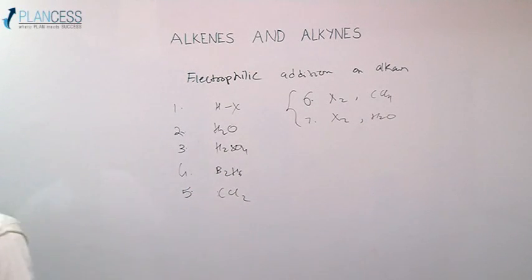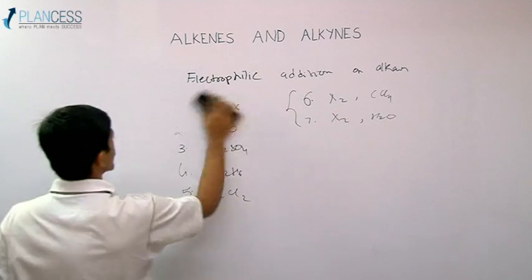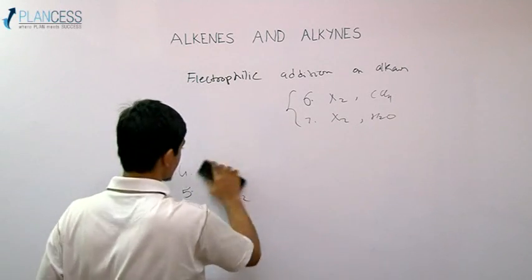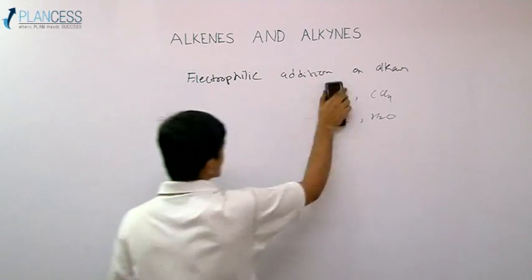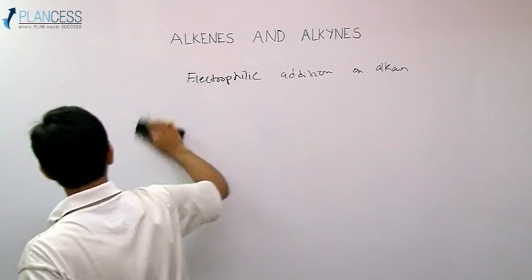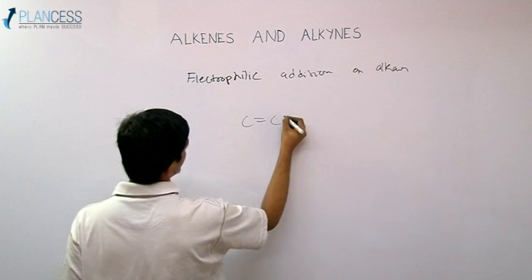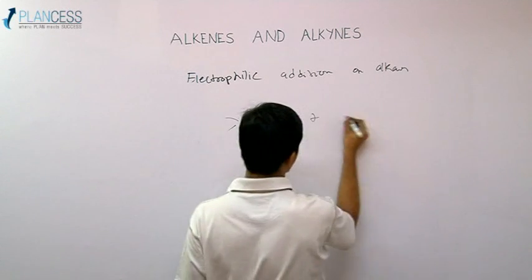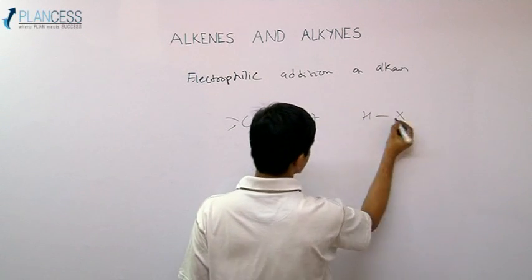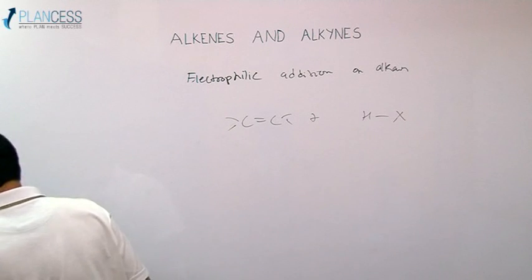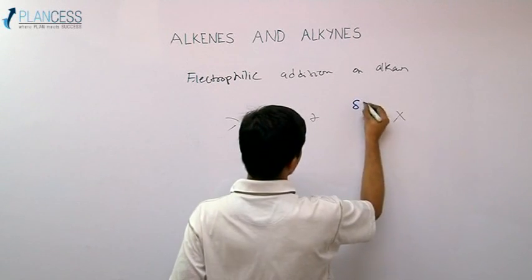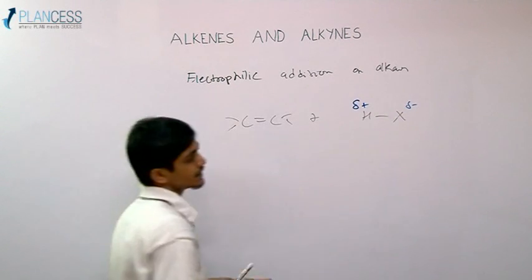So let us start with electrophilic addition on alkenes of HX, that is a hydrogen halide. Now what causes this reaction? We know we need an electrophile for this reaction. So where is the electrophile over here? HX. Now remember that we have a delta positive charge over here and a delta negative charge.